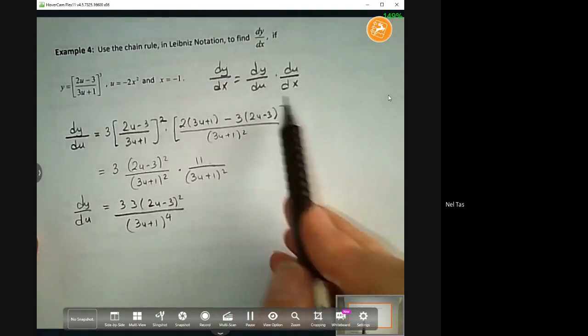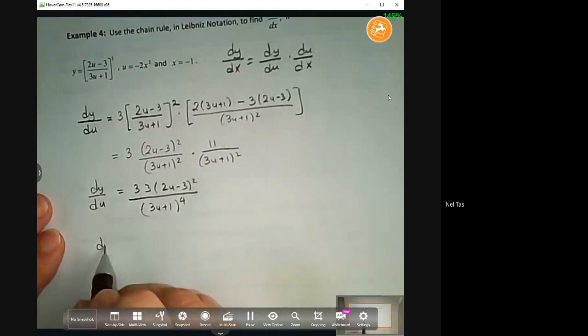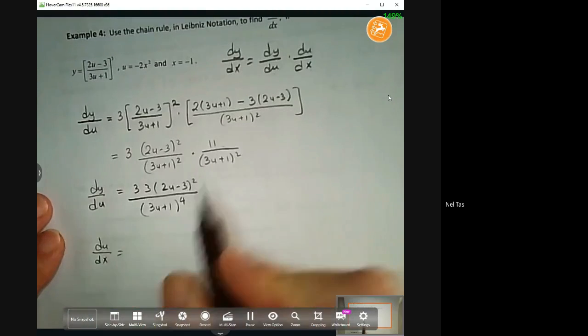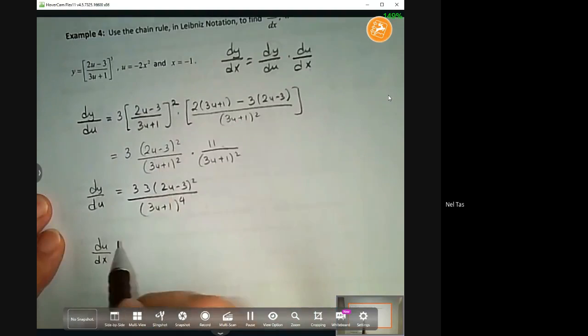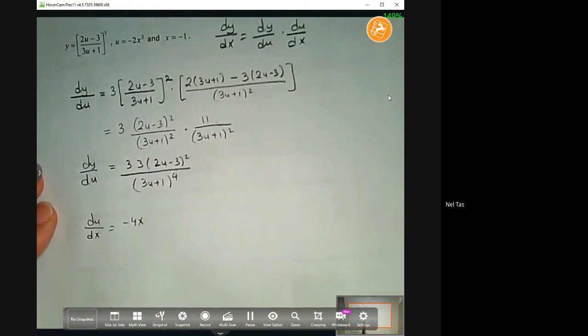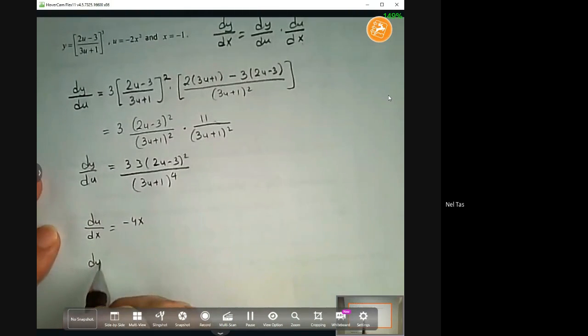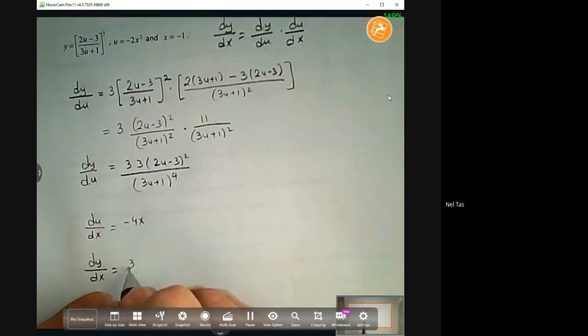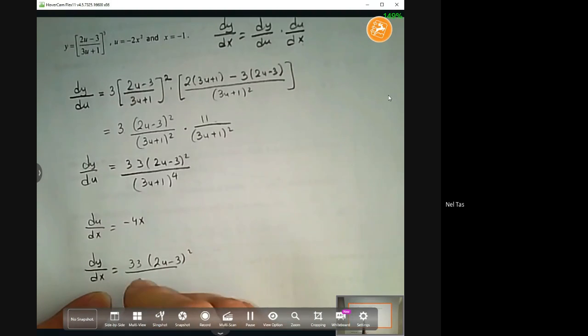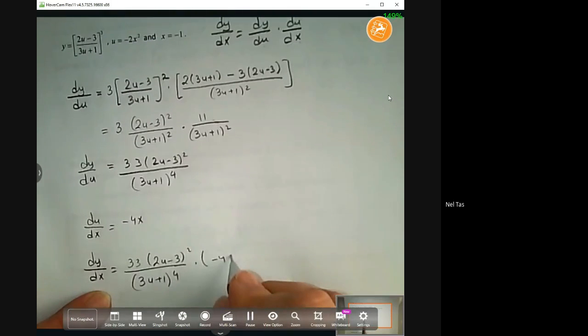Now we need du by dx, to take the derivative of u relative to x. So that gives you negative 4x. Then dy by dx is dy by du, which is 33 (2u minus 3) squared over (3u plus 1) to the power of 4, times du by dx, negative 4x.